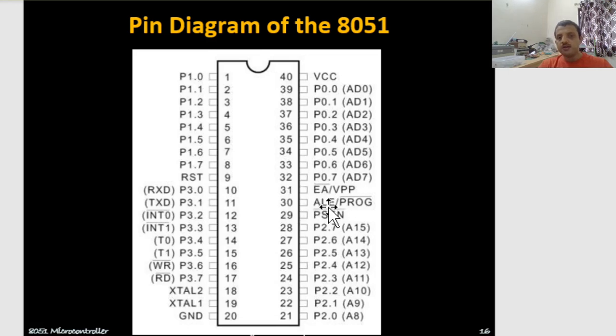Then you have port 0 and VCC. The AD0 to AD7 and A8 to A15 are used when you use external program and data memory. The address and data bus are generated through these two ports. So that's a brief description of the pins of the 8051.